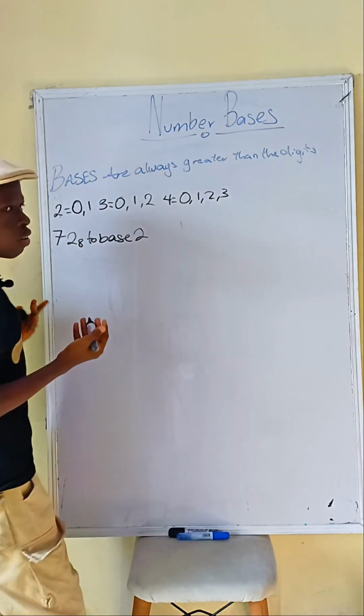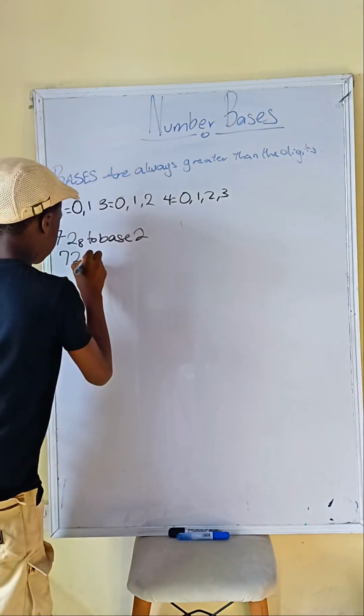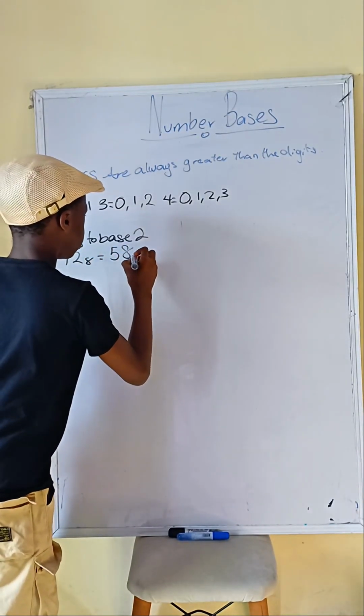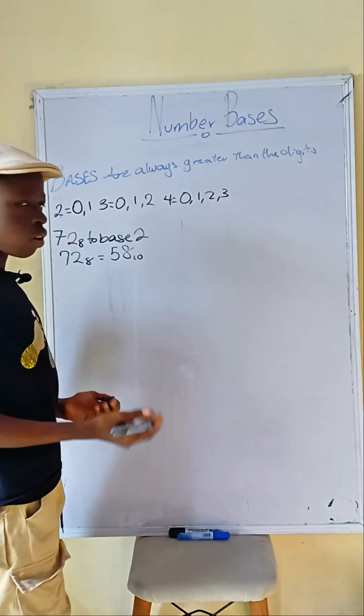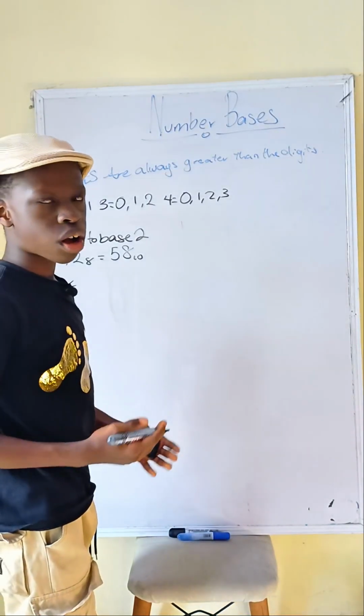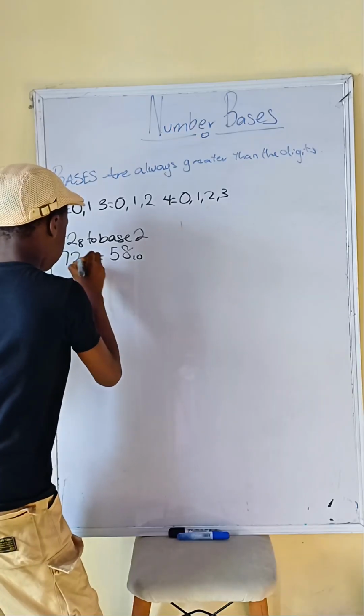So, as we already discovered, 72 base 8 is equal to 58 base 10. Since we already know, we don't have to go through all that problem. So, we can just draw the table.